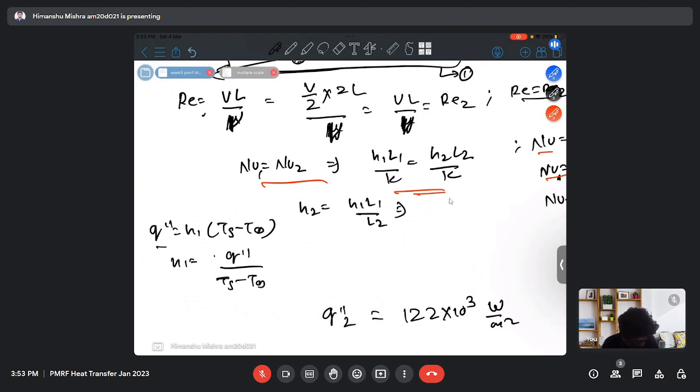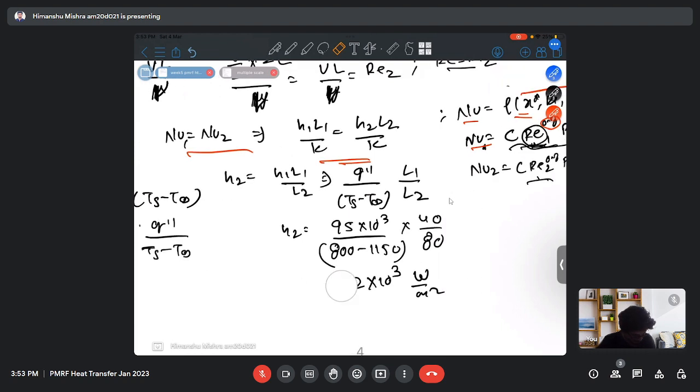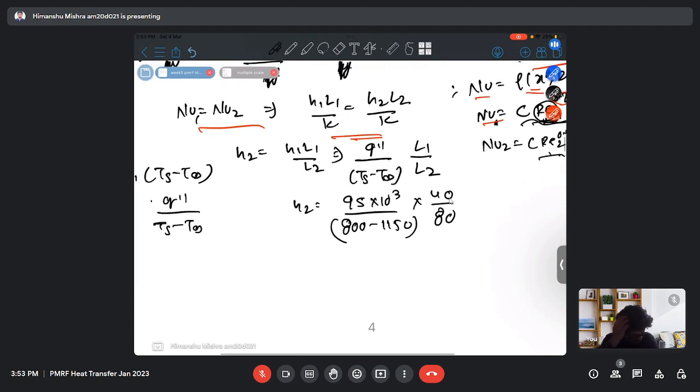So my H2 will be L1 by L2, and my previous heat flux is 95, 10 to the power 3, 800 minus 1150. L1 was 40 by 80. So this is my H2.